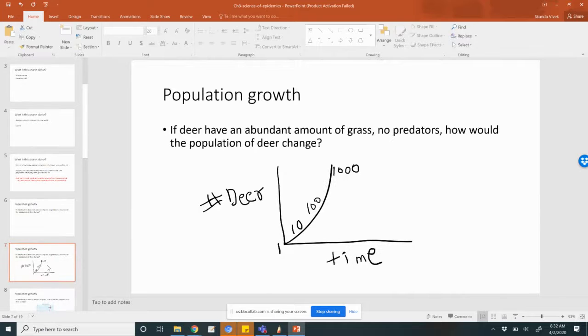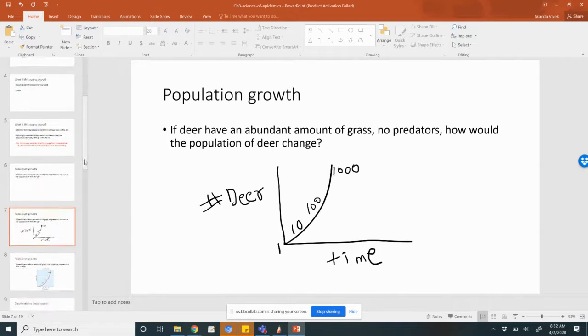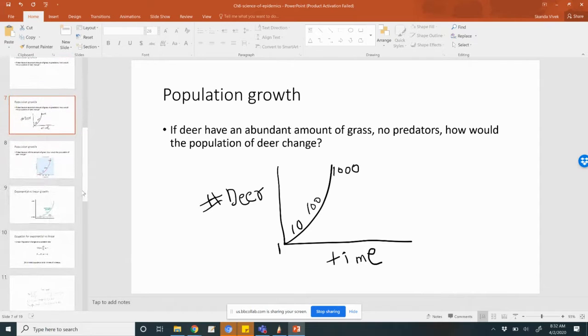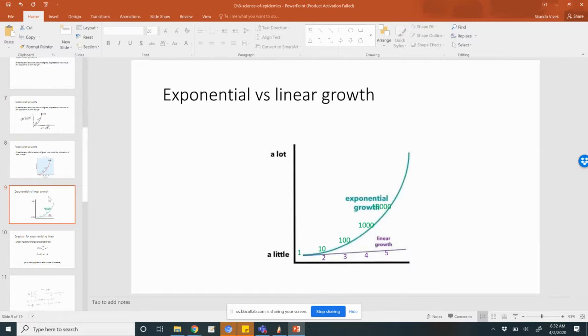So if you instead think in factors of 10, before we were thinking factors of 2, right? If you think in factors of 10, you get 1, 10, 100, 1,000, just like that. And here you see the difference between the linear and the exponential.